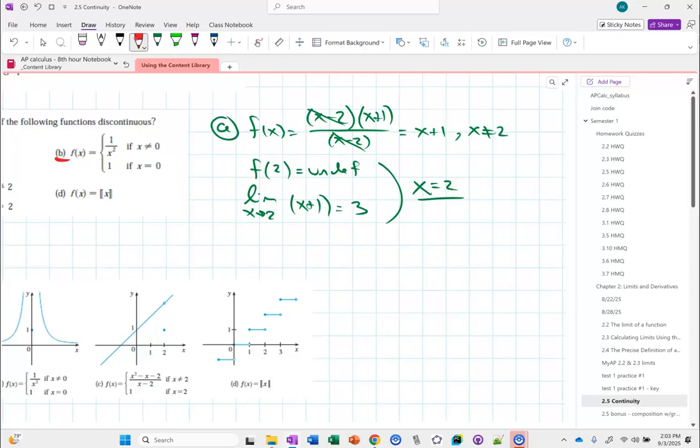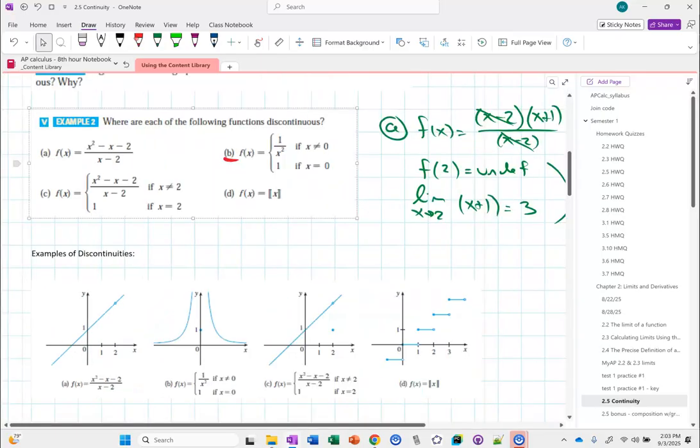If I take the first piece to be x squared for x greater than 0, and the other piece to be x for x less than 0, it's going to come in like this, and then go like that, and connect. So they will be continuous. It's not difficult to take a piecewise function and still make it continuous.